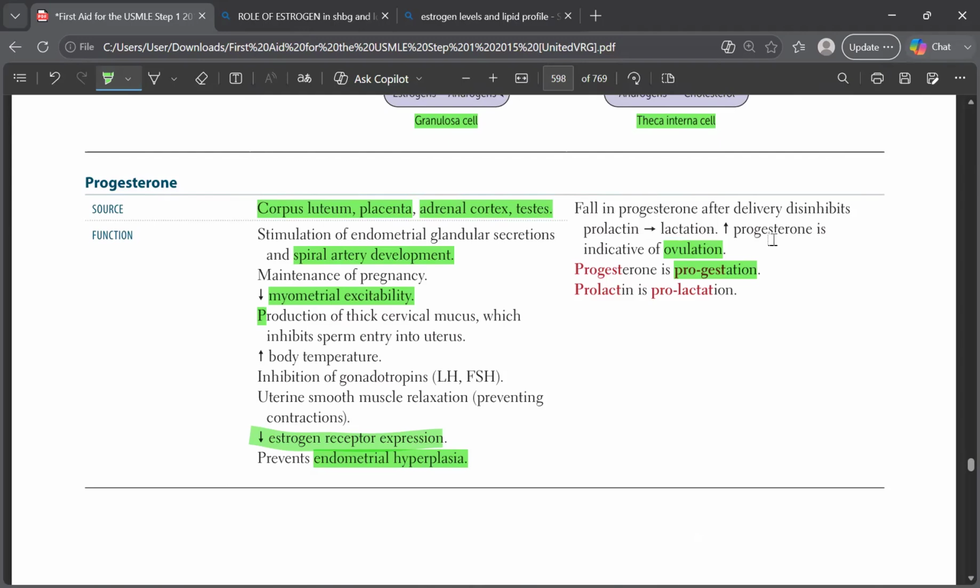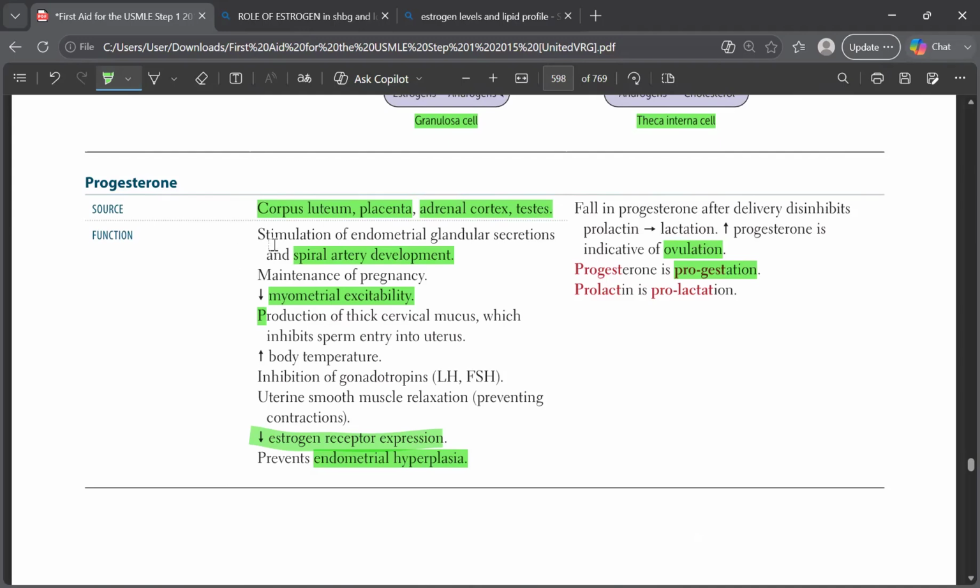And an increase in progesterone is indicative of ovulation. Fall in progesterone after delivery is supportive of lactation, and an increase in progesterone in the normal menstrual cycle is indicative of ovulation.